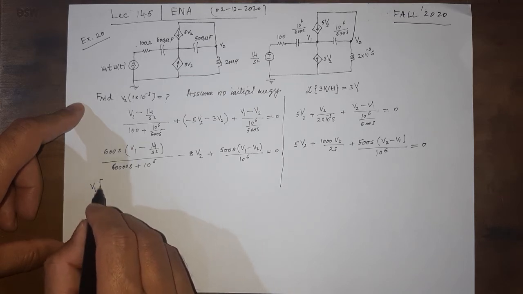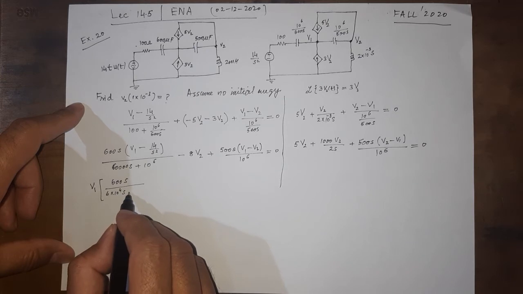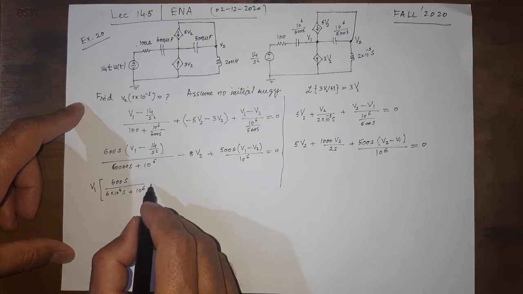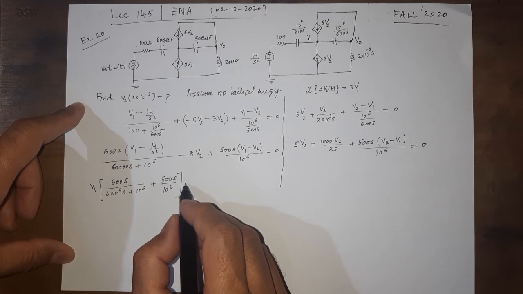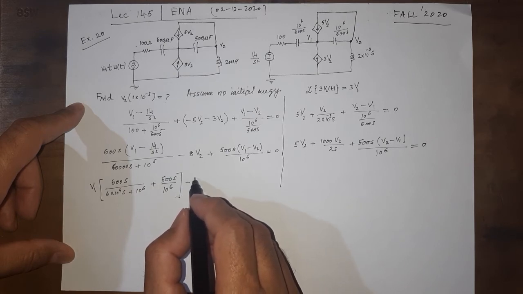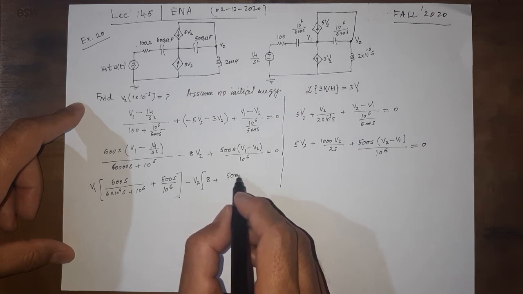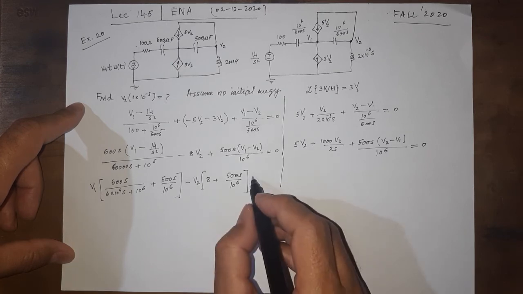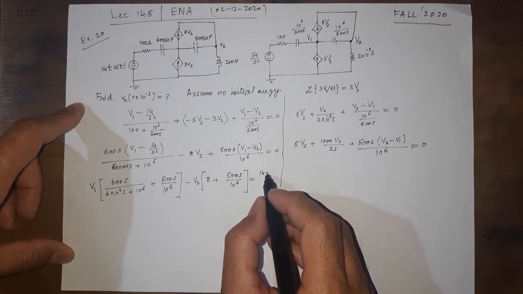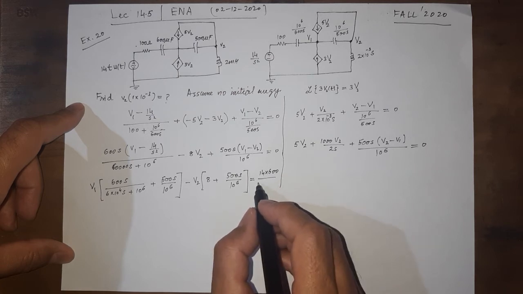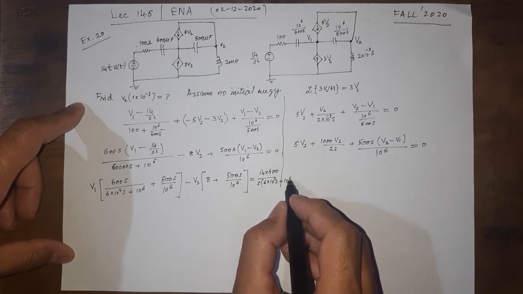So V1 common: 600s over 6 into 10 raised to 4 s plus 10 raised to 6, plus 500s over 10 raised to 6, minus V2 times 8 plus 500s over 10 raised to 6, is equal to 14 into 600 over s into 6 into 10 raised to 4 s plus 10 raised to 6.